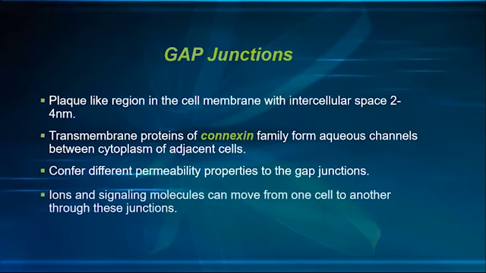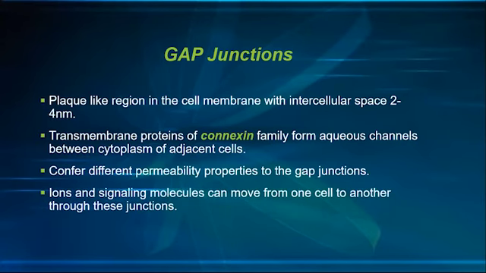These are basically small pores or channel-like structures present in the adjacent cell membranes, and the surface transmembranous protein that is present is known as the connexin protein. And this connexin protein basically acts like a channel, as it is going to allow aqueous as well as ionic movement through its structure.